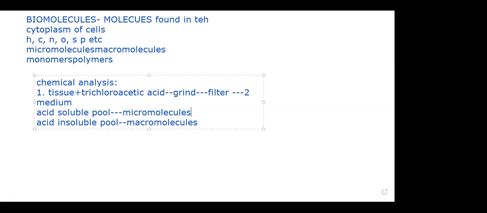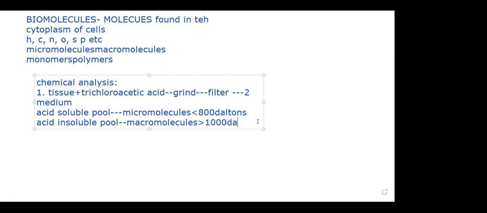Macromolecules are larger in size, they have a high molecular weight, and they are formed by condensation of the micromolecules. They are greater than 1000 Daltons, whereas micromolecules are less than 800 Daltons.